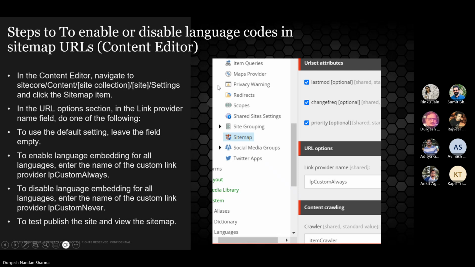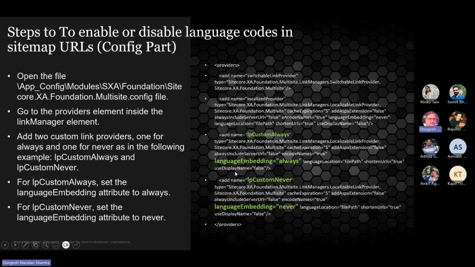In the content editor, we go to Sitecore, content, site collection, site, settings, and sitemap. In the sitemap, there is a URL option called link provider name. If we leave it blank, it will be treated as default. If we use one of the link providers, such as IP custom always, where language embedding is always, it will always add the language.